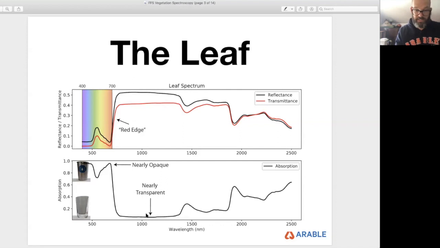Whereas in this NIR part of the spectrum, it's like looking through these clear glasses. There's a little bit of absorption. You can't see through too many layers of glasses, but they're pretty see-through. And then these other features, we talked a little bit about these like water features and cellulose features, have these impacts on the shape of the spectrum, and we can interpret those.